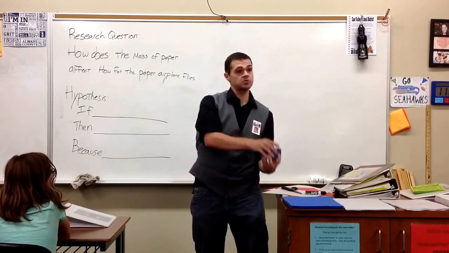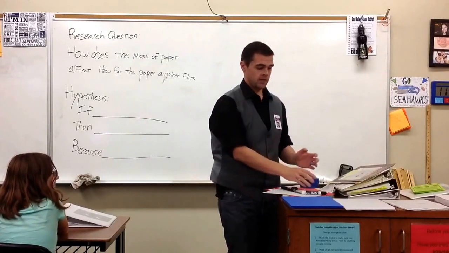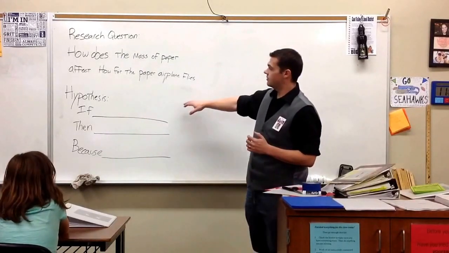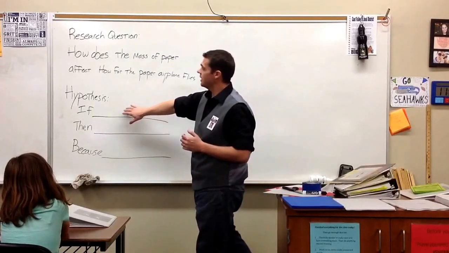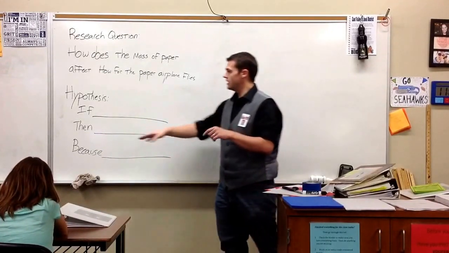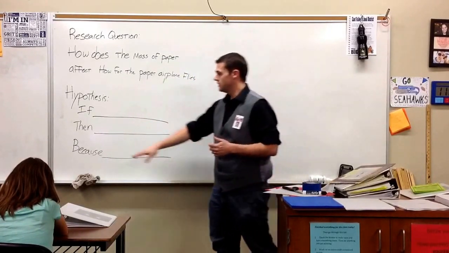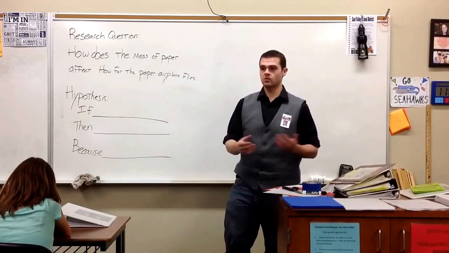Weight is just how much it's being pulled on. Mass is how much stuff there is in something. That's the difference. So go ahead and write a hypothesis, something like, if the mass of the paper airplane is greater or less, then it will fly farther or not as far, because, and then give your explanation why you think that's going to be.